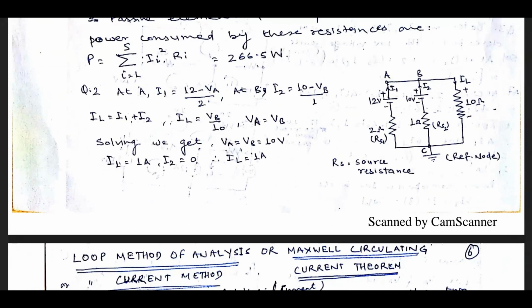So 12 minus VA, the potential difference between the nodes, is equal to the drop across the resistance which is in series. If the resistance is below the voltage or above the voltage, it is the same, it is in series, and that hardly makes any difference.